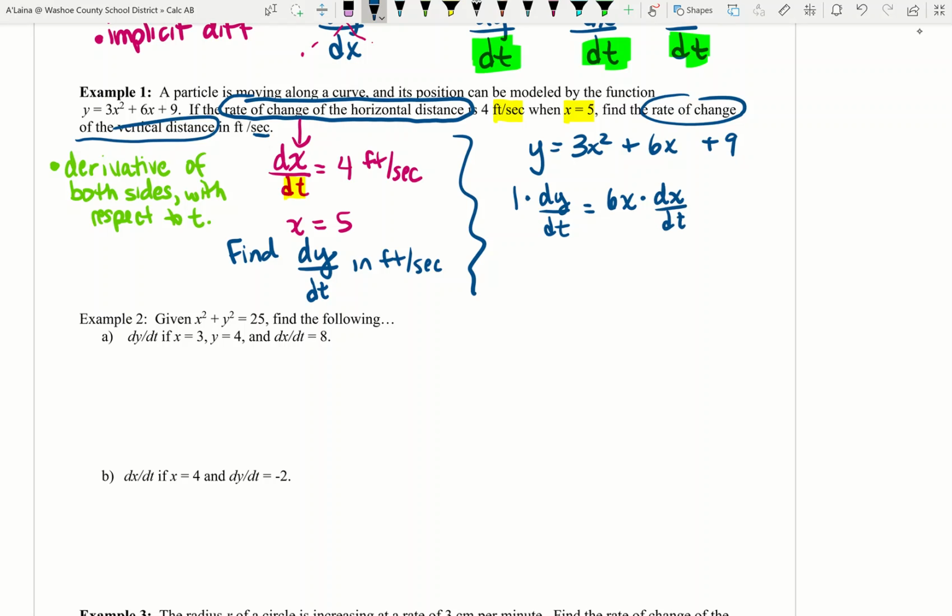So back when we've done implicit differentiation so far, anytime you took a derivative of y, you had to multiply it by dy over dt. But since we're treating t as our input variable, anytime you do a derivative of any variable that's not t, you're going to have to do this process. Plus, the derivative of 6x is 6 times dx over dt. And then the derivative of any constant is 0, so I don't need to do anything there.